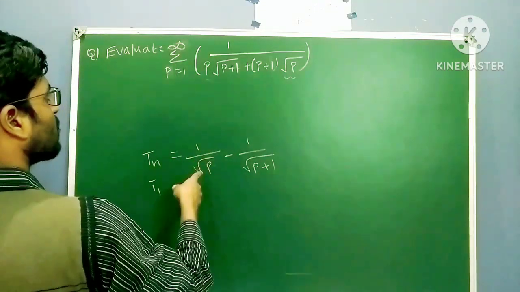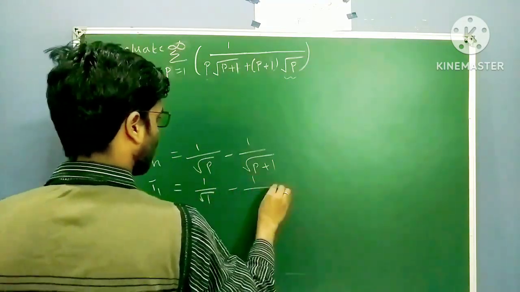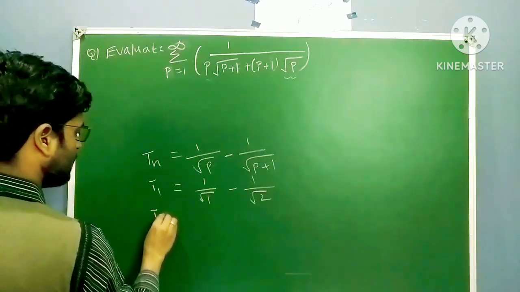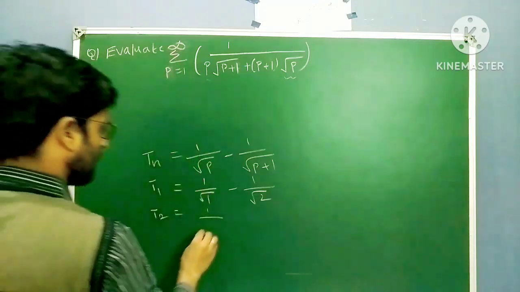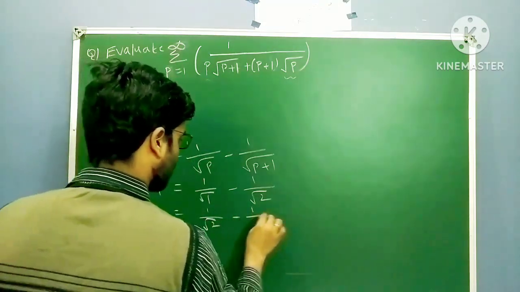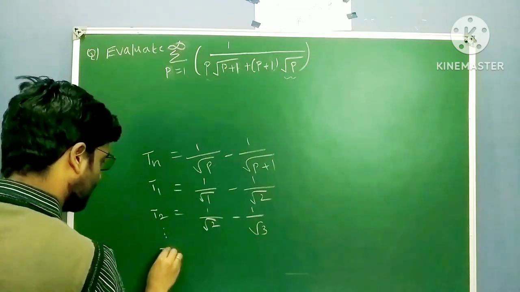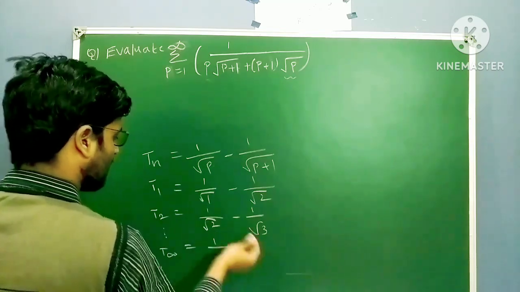In place of p put 1, so 1 by root 1 minus 1 by root 2. This is the first term. Second term T2: put 2, and go up to infinity, so 1 by root 2 minus 1 by root 3. So calculate up to infinity.